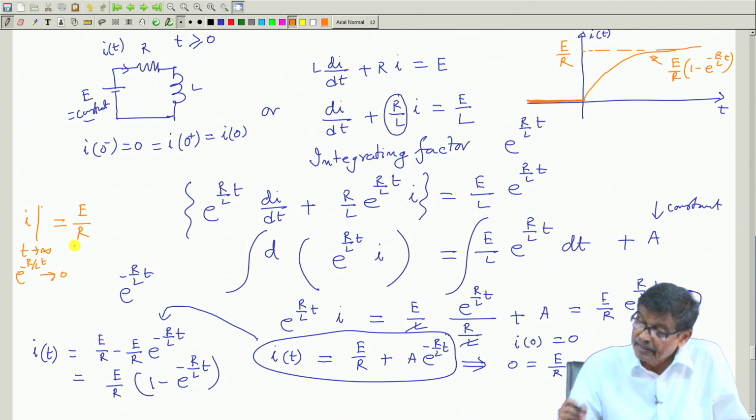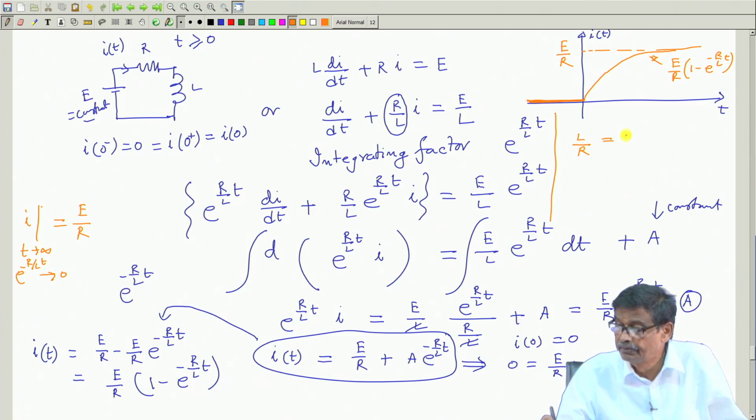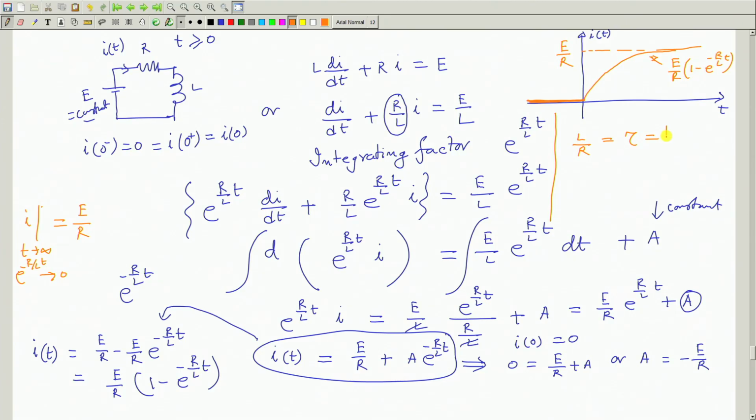If you define this ratio L by R by a variable called tau, which is called time constant, I am going to give you some physical insight into it, then the equation of I(t) can be written as E by R into 1 minus e to the power minus t by tau, where L by R is the time constant.